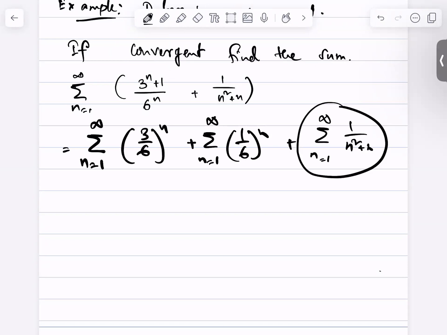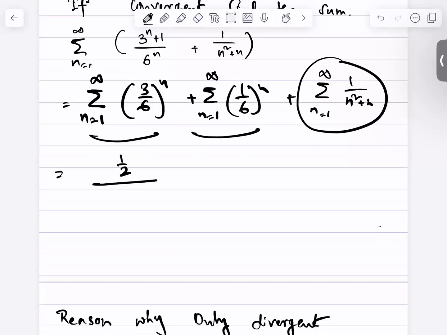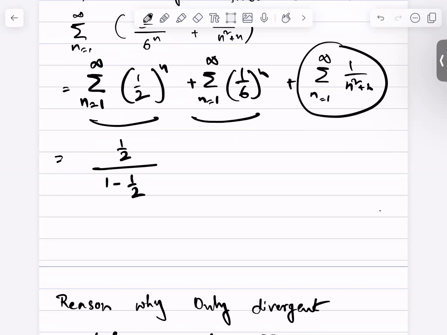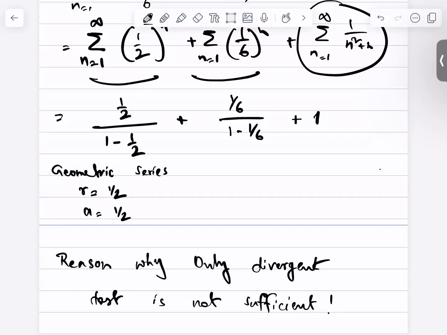So this, we have already dealt with this type of thing. This is basically a telescoping series. And these two are geometric series. So if I just use the formula, this is nothing but 3 over 6, which is just half. So 1 over 2 is fine. Then by using the geometric series test and the telescoping series, these two are geometric series. So let me just do the geometric series with the common ratio as half, and the first term is also half.